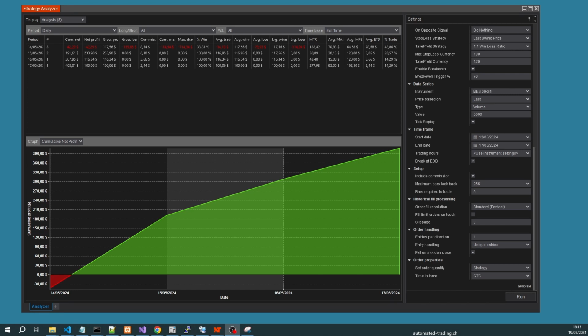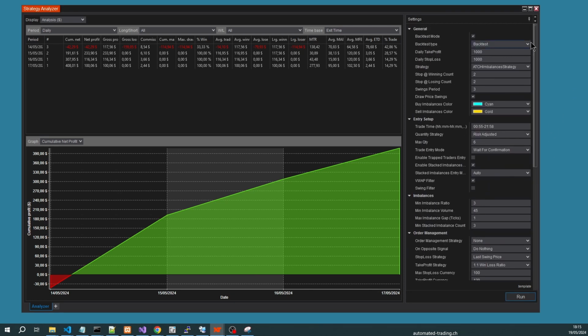Okay, so in this section, I will show you how you can run optimization. Optimization is a tool in NinjaTrader that will let you find the best parameters to use on the strategy.